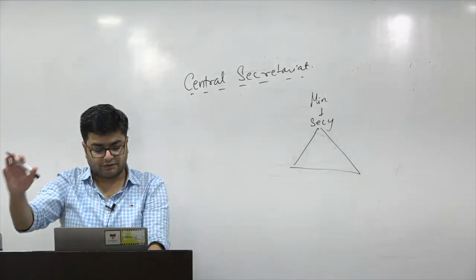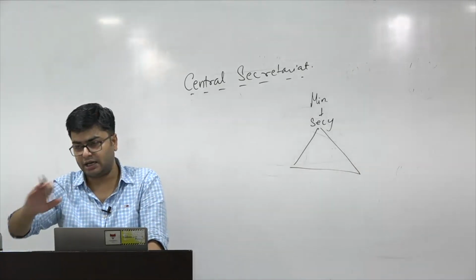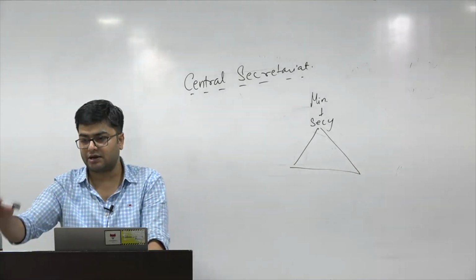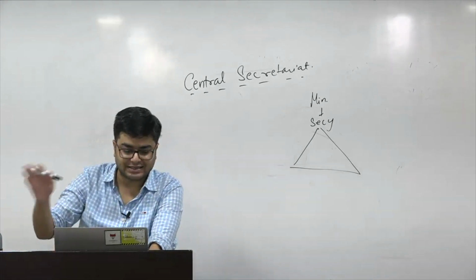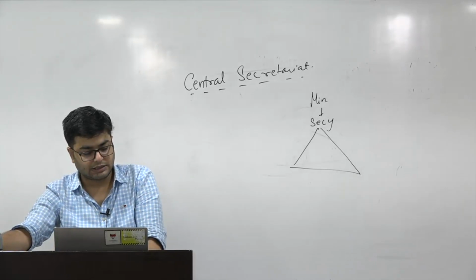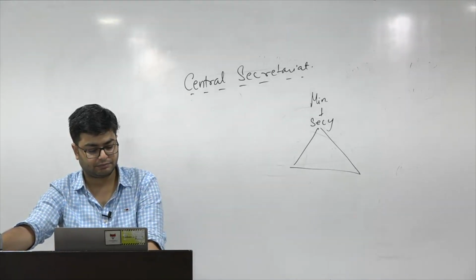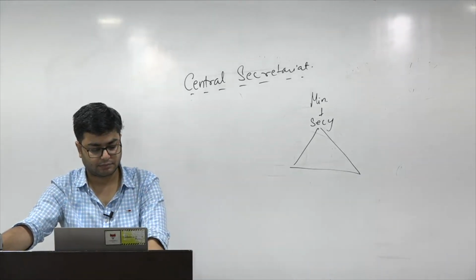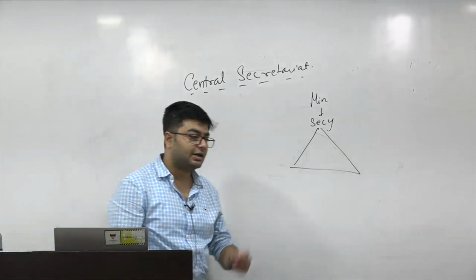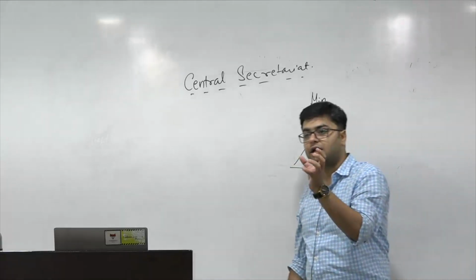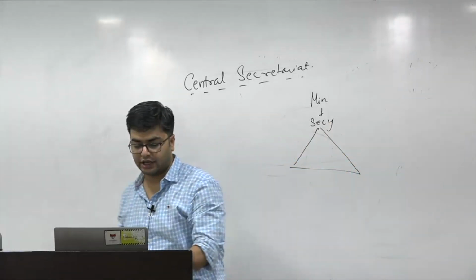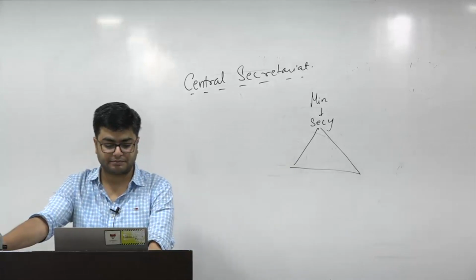So when the British government came in the 18th century, the government got crystallized. There was a Governor General, councillors, and a secretariat system assisting these people. Okay, but it was the Second World War which made the secretariat a real powerhouse of policy framing.